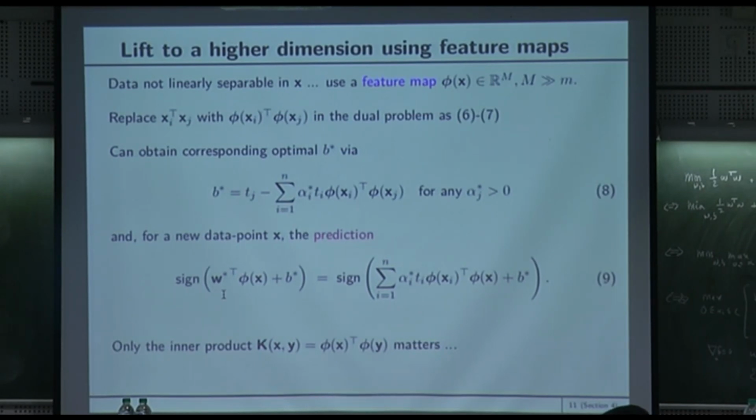But now I start thinking that really all that matters is this inner product. I don't really care about what the feature map was. Whatever be the feature map, there is something very wasteful happening. I have this little guy x, I lift it to a higher dimensional space because I think things are better over here. Then I take the inner product of those two vectors, which means it's basically one dimensional. I took this higher dimensional space and then reduced it to one dimension because inner products reduce it into a scalar.